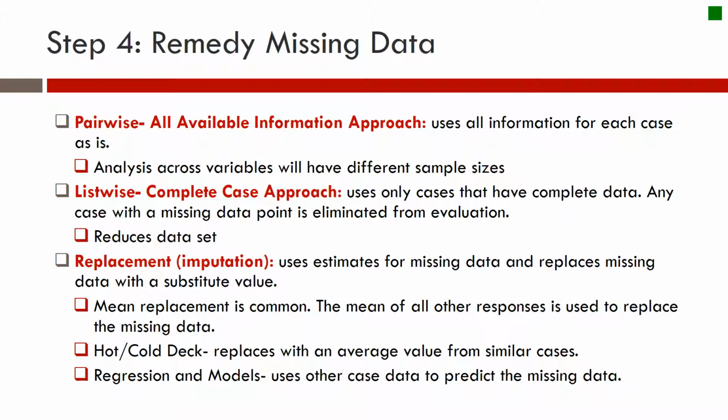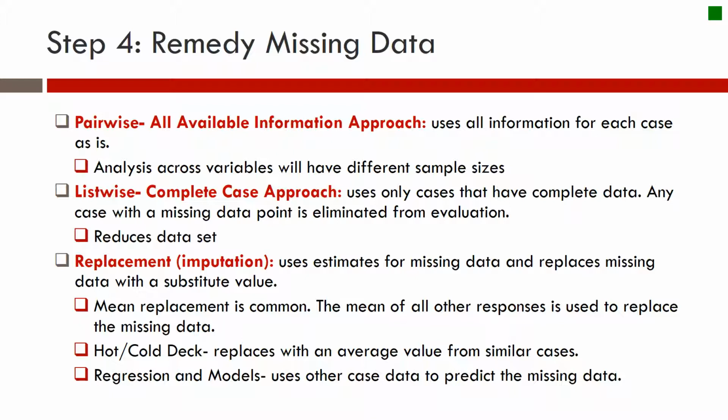So if we have a variable and say 95 out of 100 people responded to that variable, then we would take the average of those 95 respondents and insert that into the 5 respondents who did not give us an answer for it. So mean replacement replaces all the missing data with the mean, and that gives us 100%.